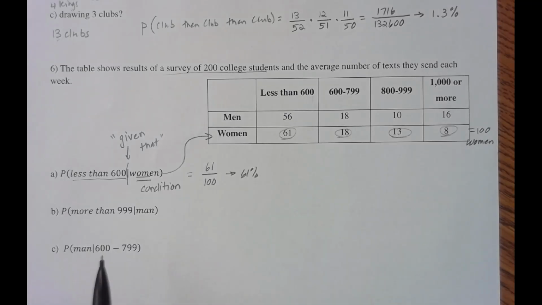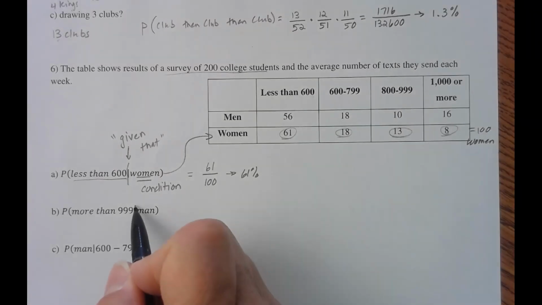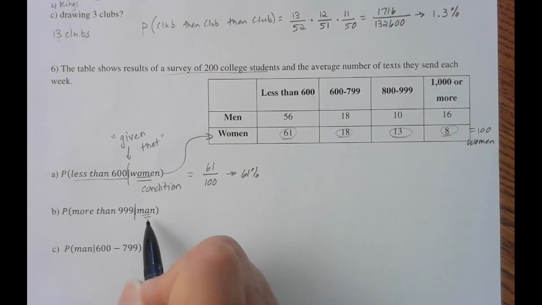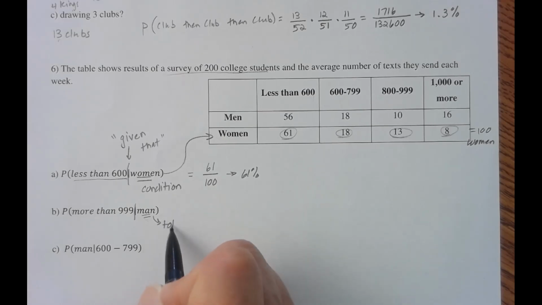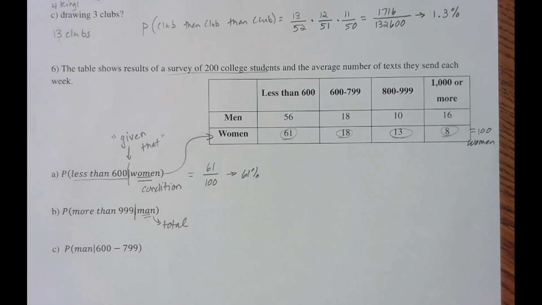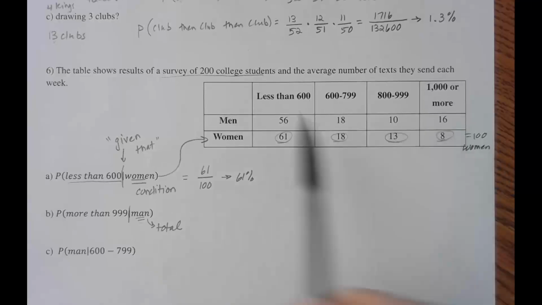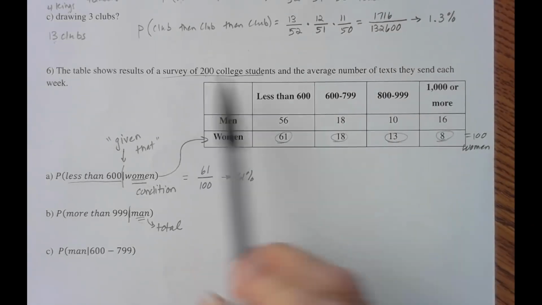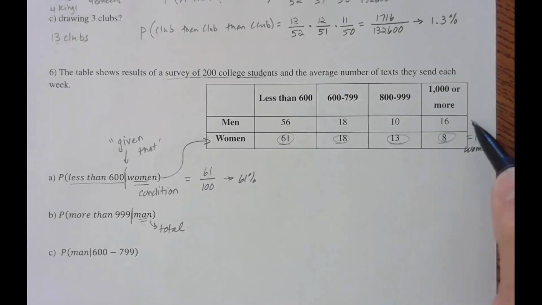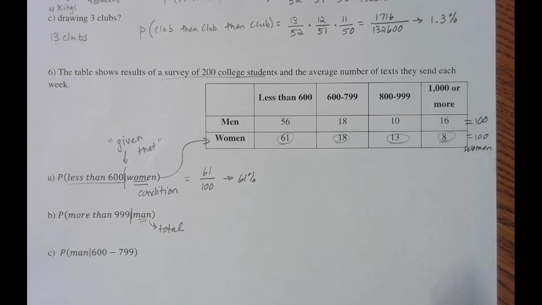All right, next one. Try it again. We're going to find the probability that someone sends more than 999 texts, given that it's a man. Okay, given that. Here's my condition. So this represents the total. All right, I'm going to do a little fast math here. 200 people were surveyed, 100 were women, so this better add up to 100 also.